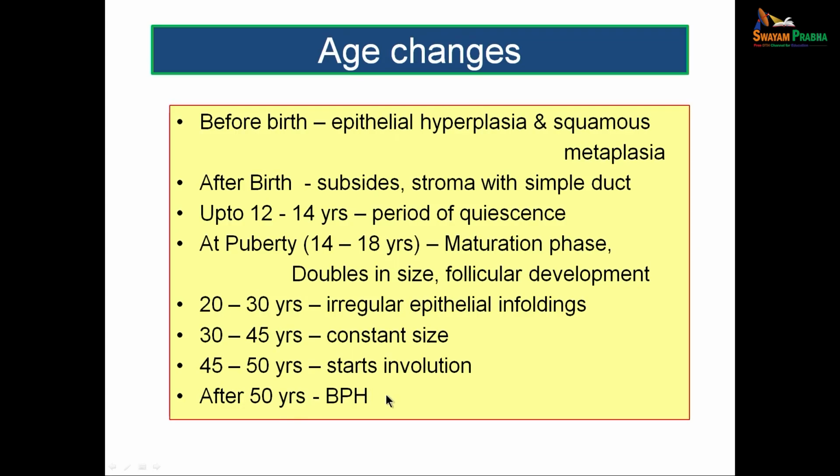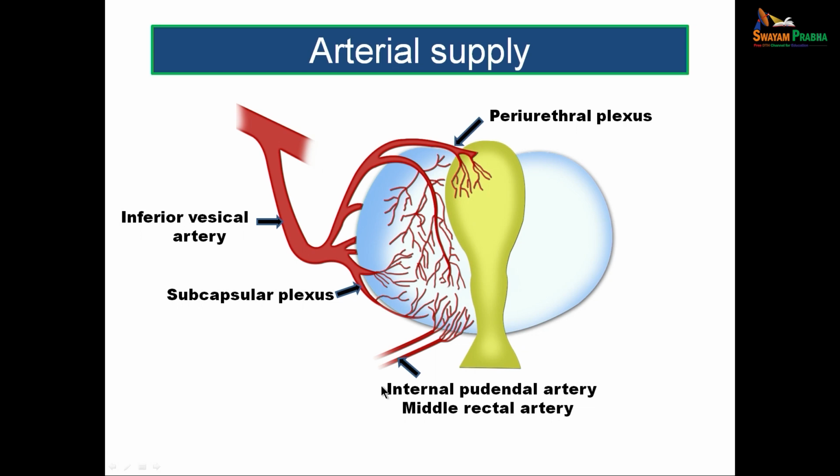Coming to the arterial supply of prostate, it is supplied by branches coming from the internal iliac artery. The inferior vesical artery is a major artery supplying the prostate. It also receives branches from the internal pudendal artery and the middle rectal artery. When you look at the branches of inferior vesical, they form a plexus surrounding the capsule.